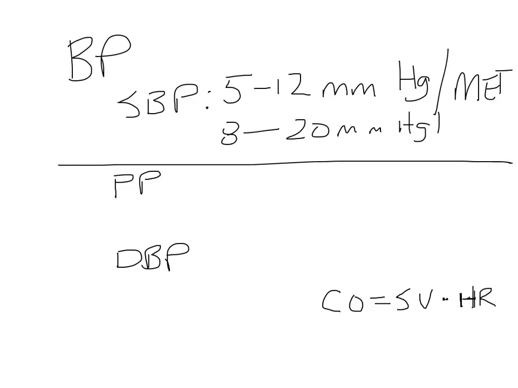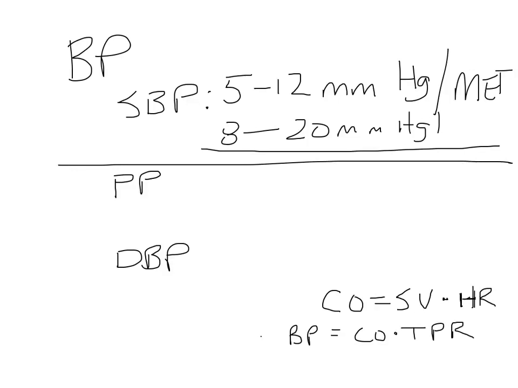All we can say generally is that it should increase. Whereas with blood pressure, I'm telling you how much it should increase. Well, BP equals cardiac output times total peripheral resistance.